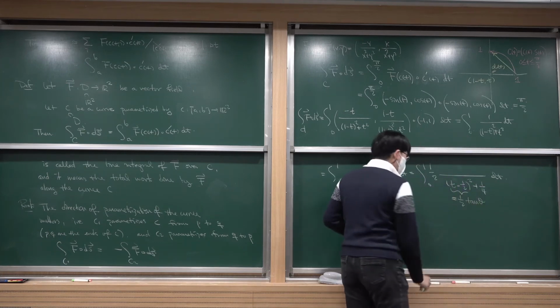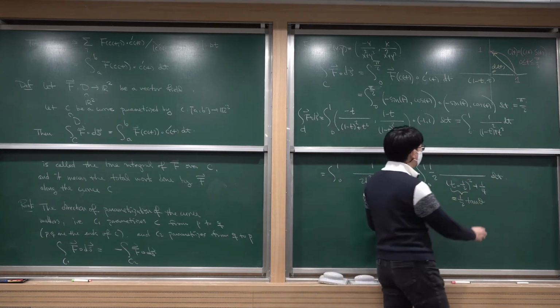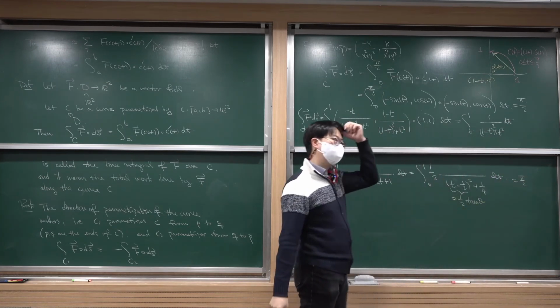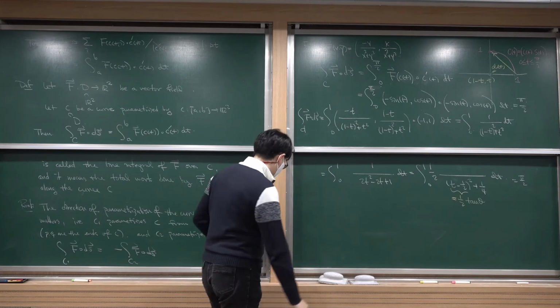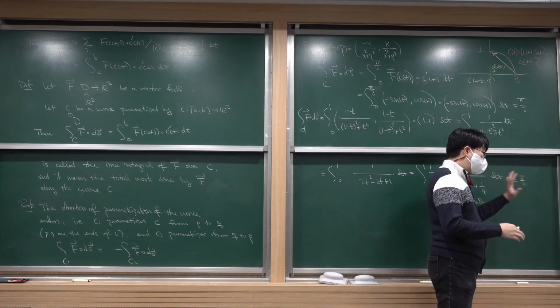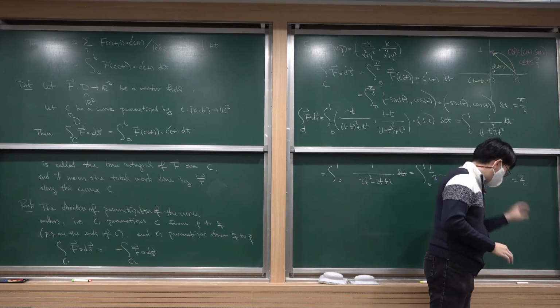Try to do this. You will get the same answer, pi over 2. We're going to talk about why I knew that this is pi over 2 later, the next time.